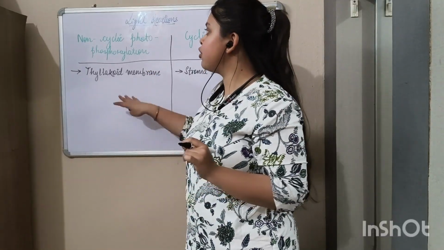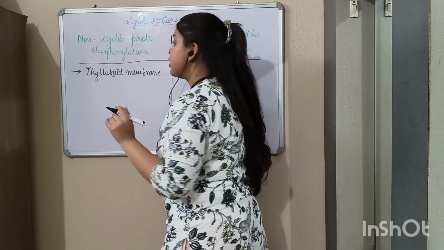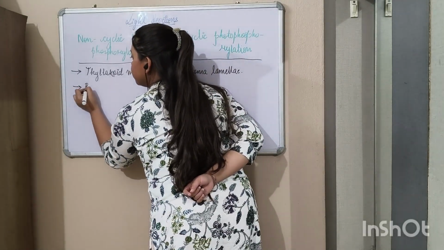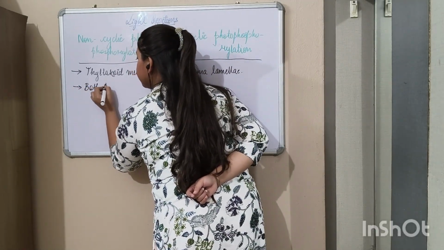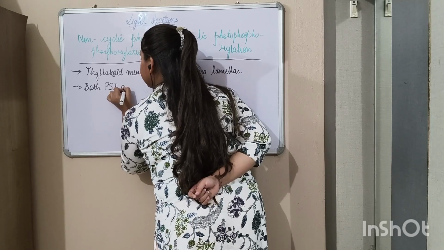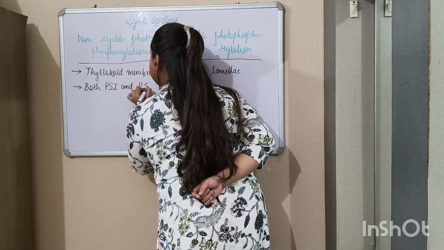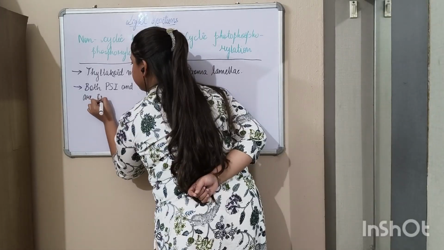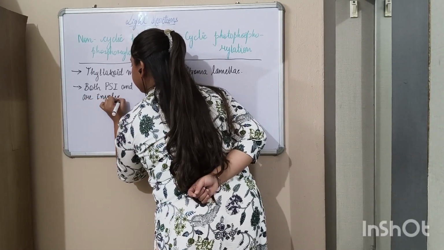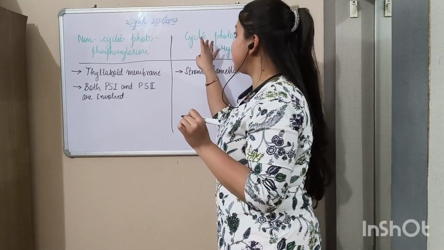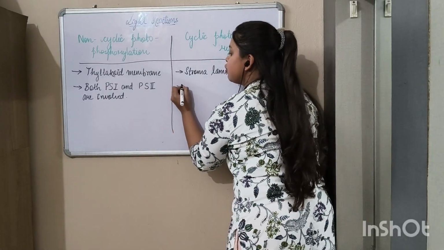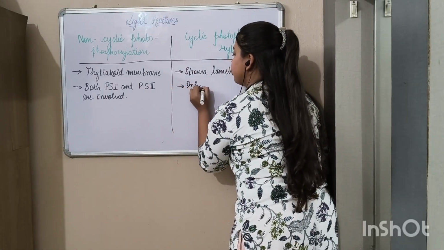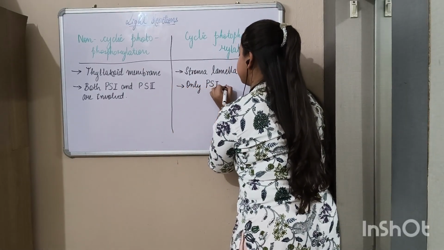In the non-cyclic photophosphorylation, both photosystems are involved, PS1 and PS2, photosystem 2. In case of cyclic photophosphorylation, only photosystem 1 is involved.